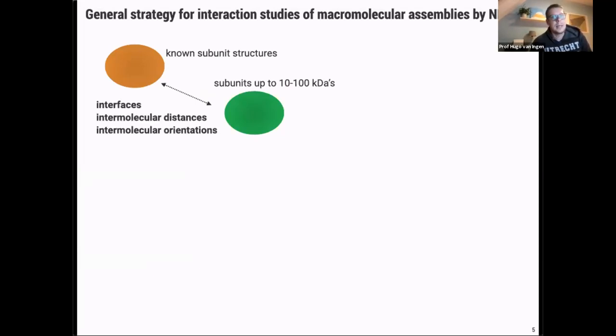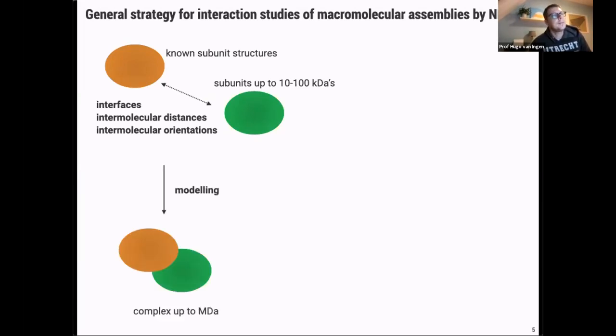So that can be very simply defining which residues form the binding interface, or it can be more quantitative to measure really intermolecular distances across the interface or the relative orientation between the subunits. And once you have this information, then you combine that and perform some kind of integrative modeling procedure to come up with the structure of a complex.